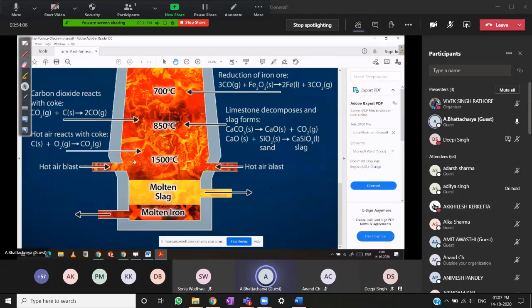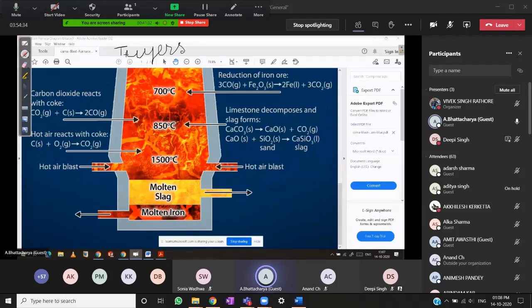I will write it down. This is called tuyeres, T-U-Y-E-R-E-S. So these are the openings from where the hot air is introduced.